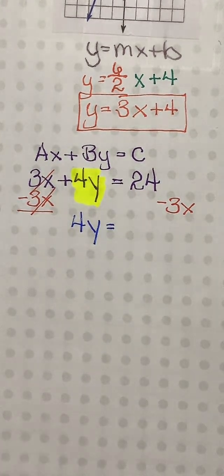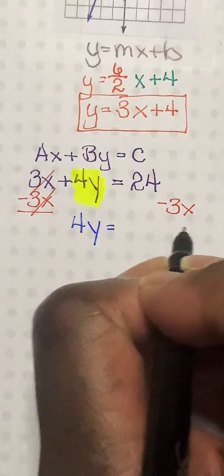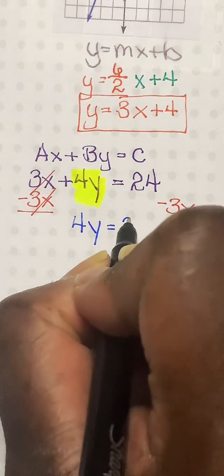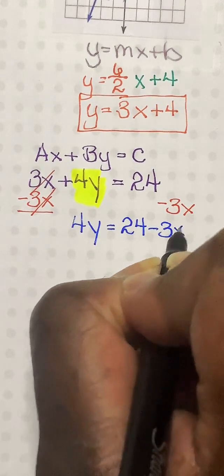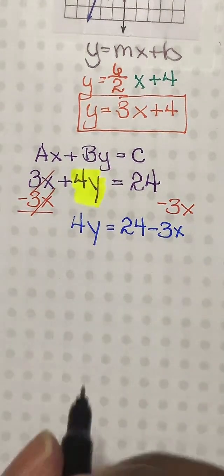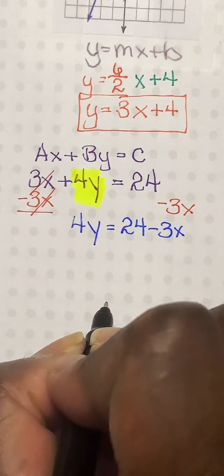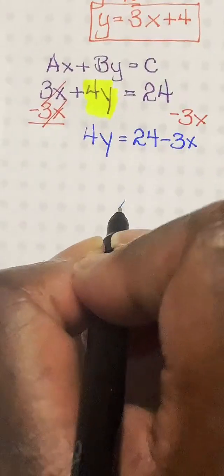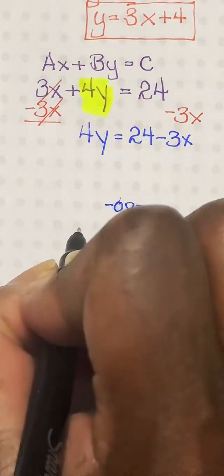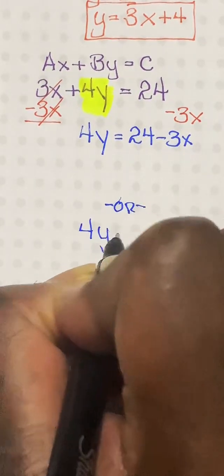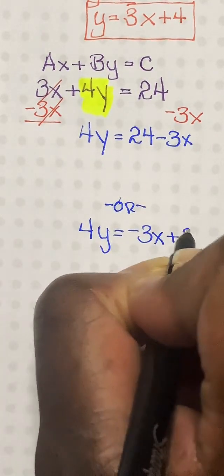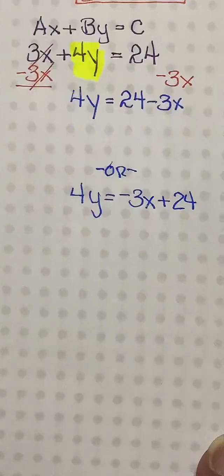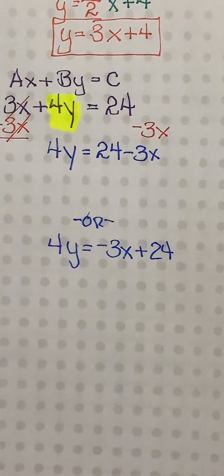Now, to keep it in that slope-intercept form, I could have it as 24 minus 3x. Okay? Or, I'm going to put or a little bit further down. At this point, I could have 4y equals negative 3x plus 24. Okay, I'm going to show you both ways.